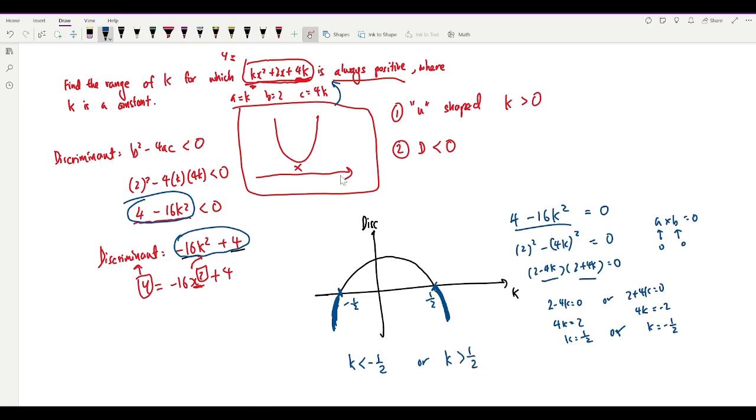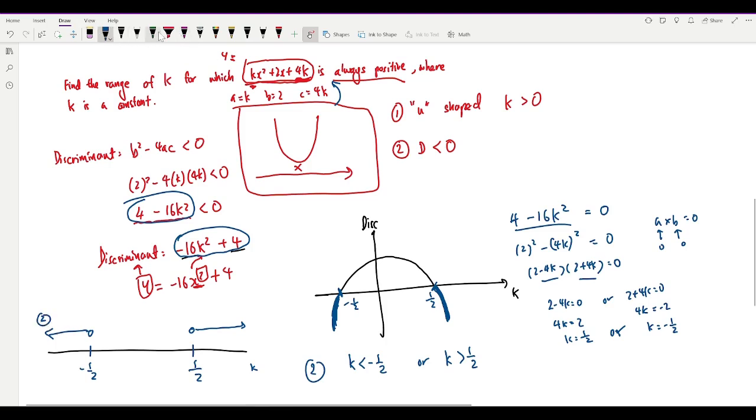So remember this is the second condition where my discriminant is negative, but I have two conditions, right? We can illustrate both conditions on the number line. For my discriminant to be negative, it has to be either less than negative half or more than half. We're talking about my values of k, right? This is the second condition.